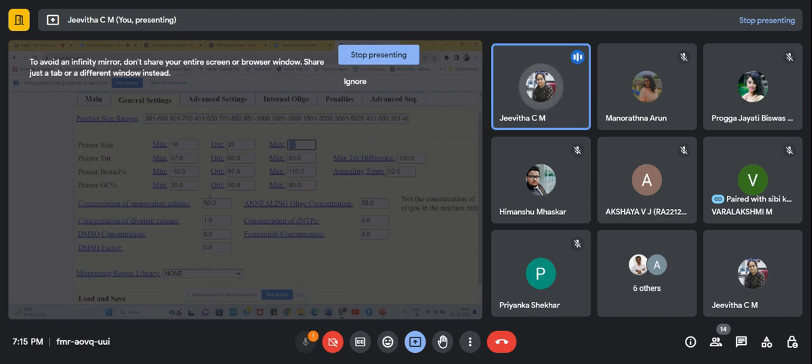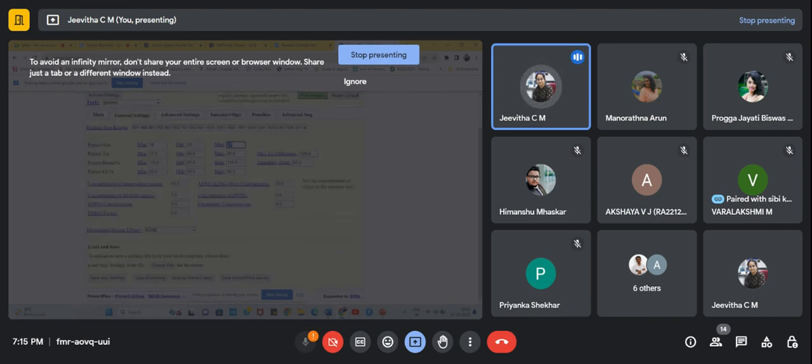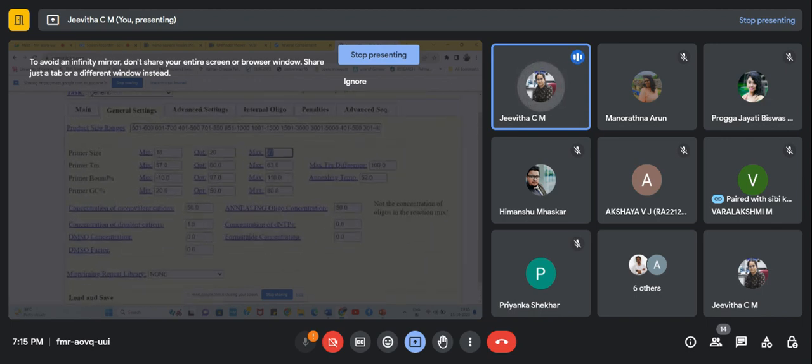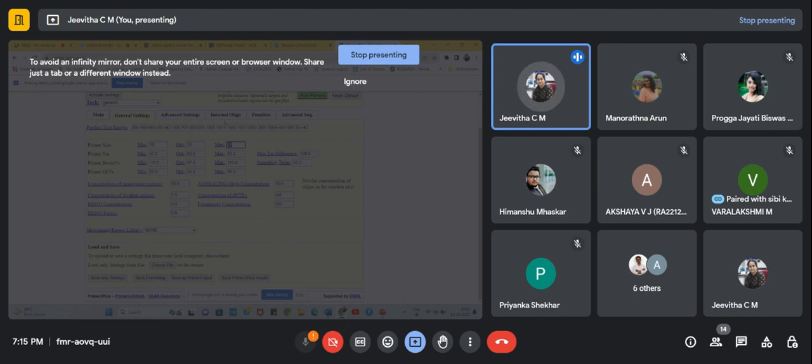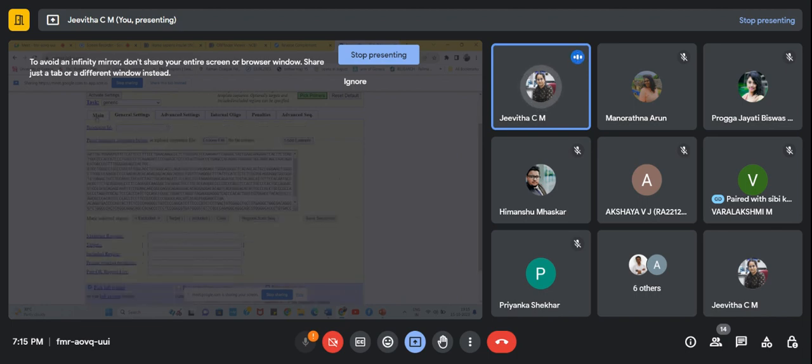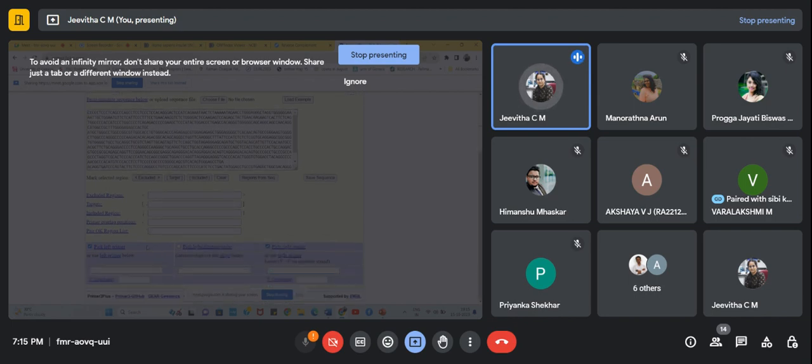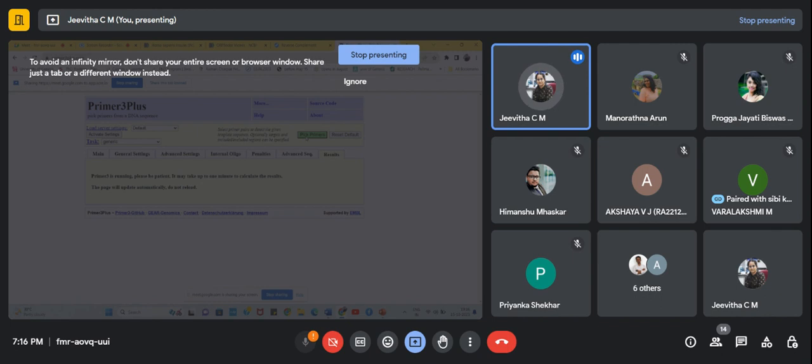Tm, GC, and all those things are default settings, and you need not change anything unless you have some criteria to be followed. When you're doing qPCR, you can change your product range, like giving 150 to 200 here. But when it is normal PCR, we can go with default settings. So after giving the sequence and checking both primers, we'll pick the primers.